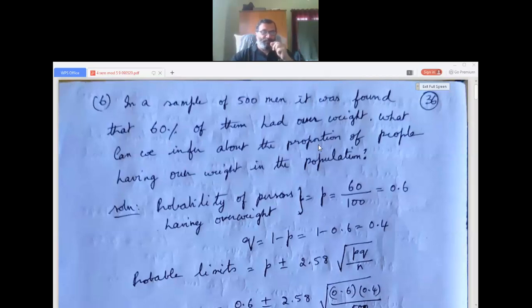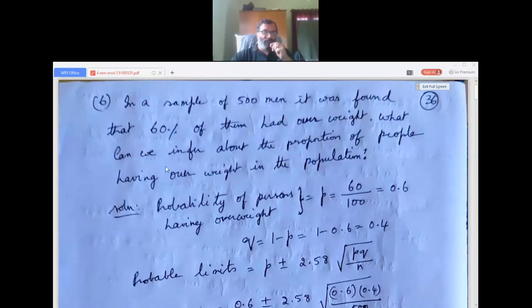Now here, in a sample of 500 men, it was found that 60% of them had overweight. What can we infer about the proportion of people having overweight in the population? So again, I'll repeat it. In a sample of 500 men, it was found that 60% of them had overweight.